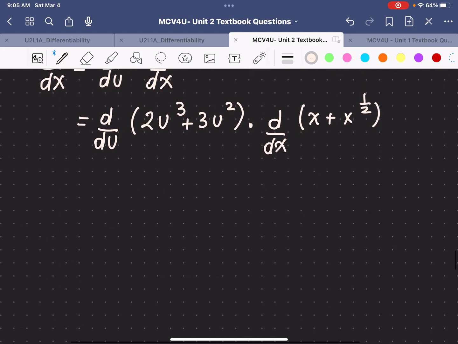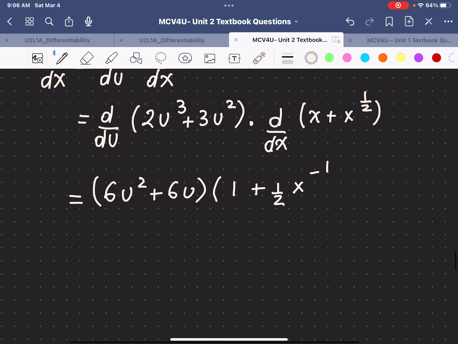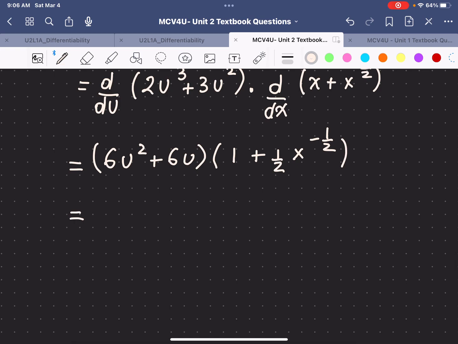Start differentiating now. We have the power rule, that's 6u squared plus 6u. Now multiplying the derivative of x, which is 1, plus 1/2 of x to the power of, remember, 1 over 2 minus 1, which is negative 1 over 2. We do this so often, so you can do that in your head very fast.